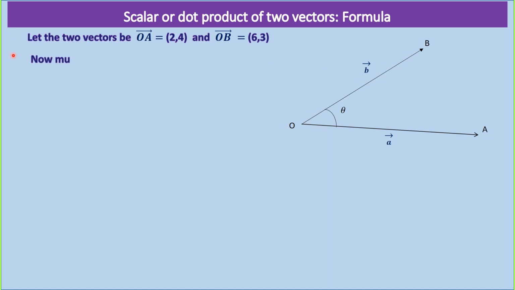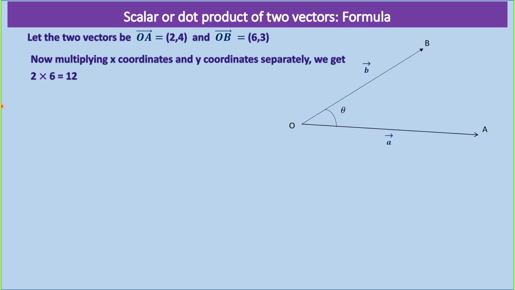Then multiplying x coordinates and y coordinates separately, we get 12 and 12. Now when we add both of them, the sum is 24.